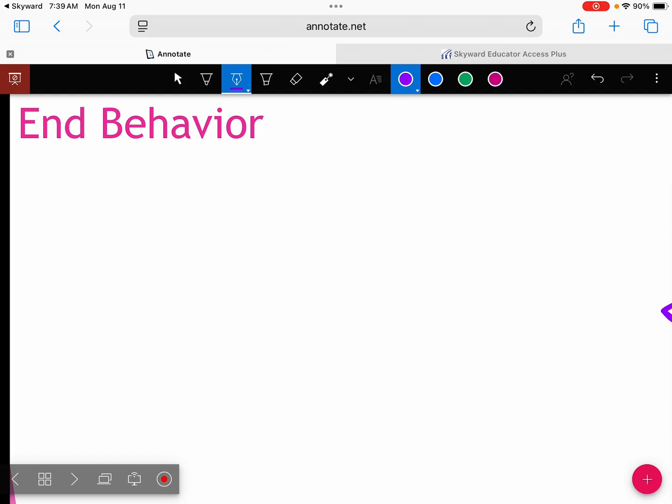What number is it on? What is this line on? 2. So no matter what is going on here, if my x gets real small, my y is pointing to 2. If my x gets real big, my y is pointing at 2.